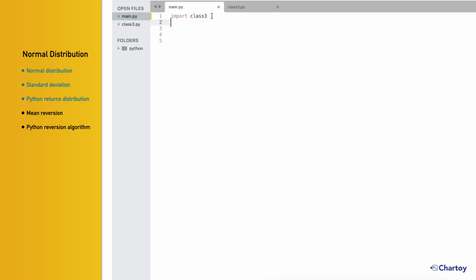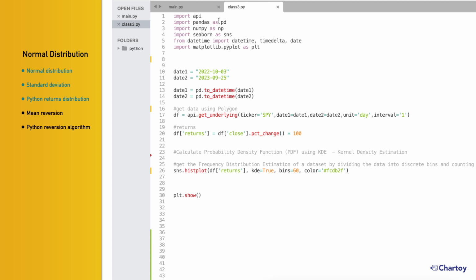So we import class three, which is this class. Here in class three, first we import the API. The API is the module that we programmed in class 1. You can go ahead and check. It allows us to get historical data. Then here we, of course, include pandas and NumPy.